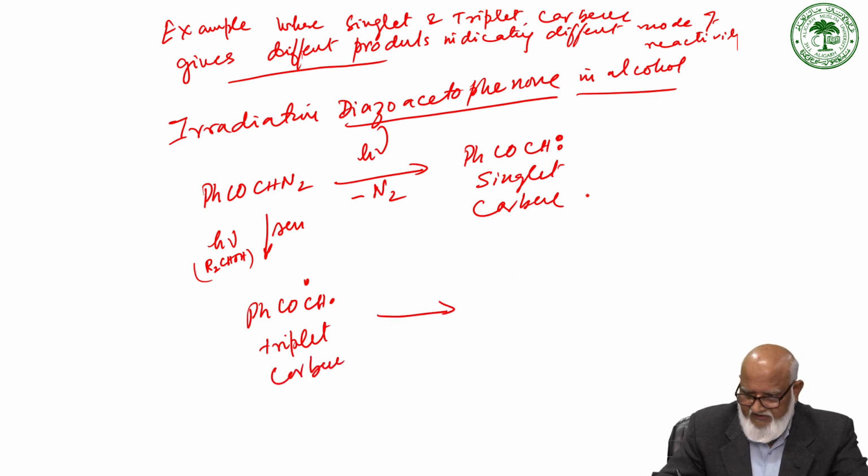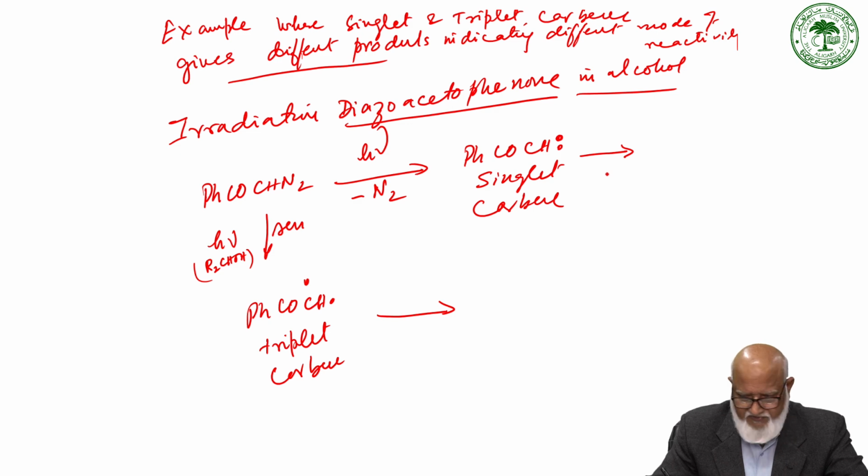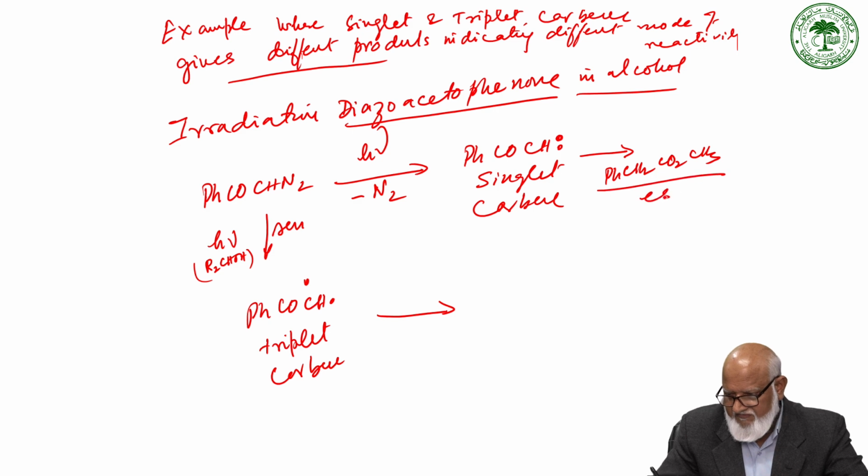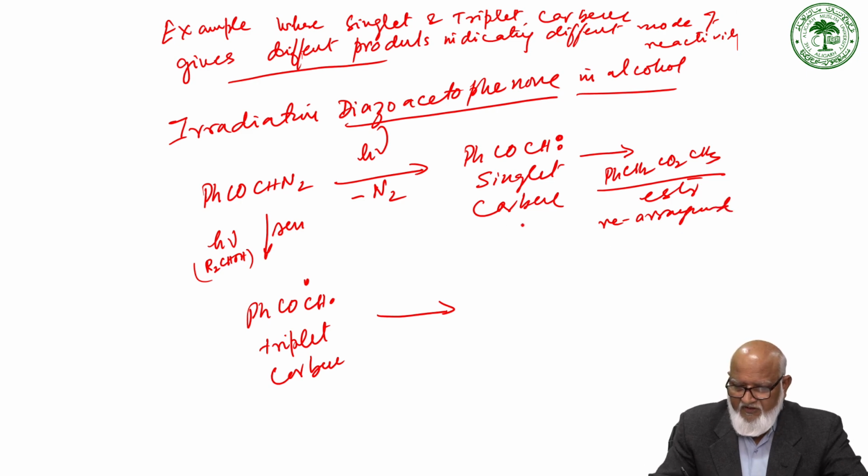The singlet carbene gives a rearranged product, PhCH2CO2CH3, an ester. The rearranged product is formed when singlet carbene is generated on direct photolysis.